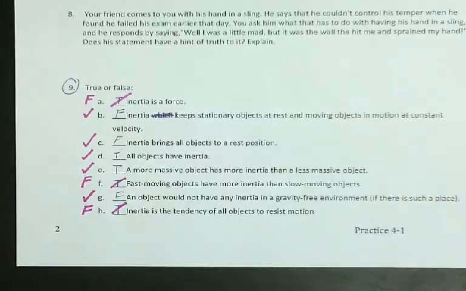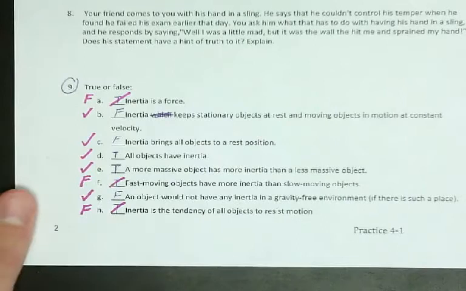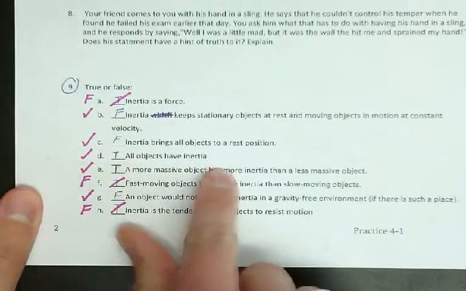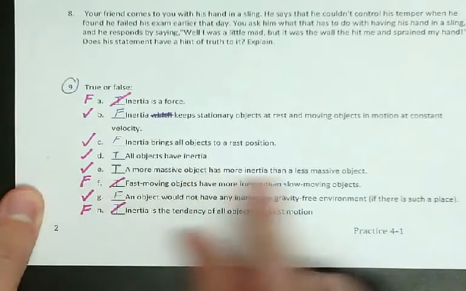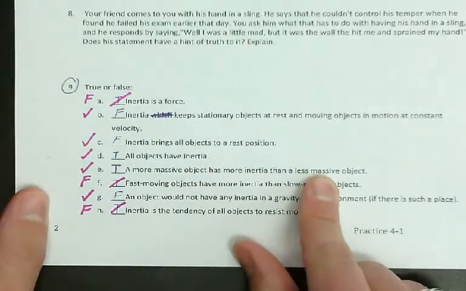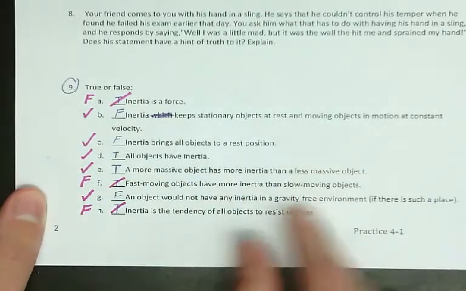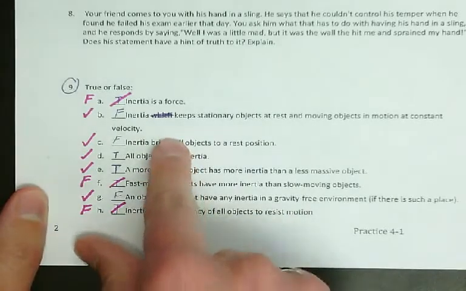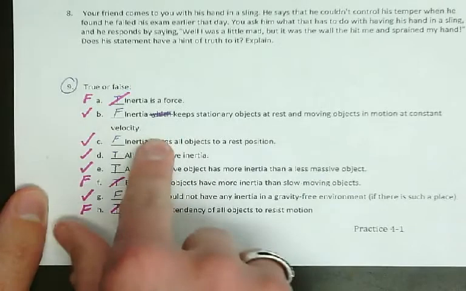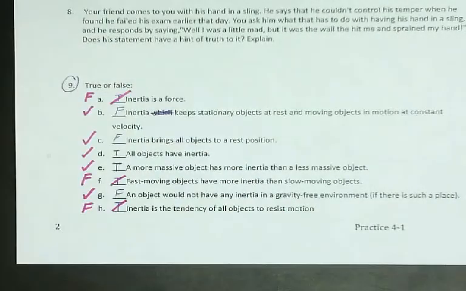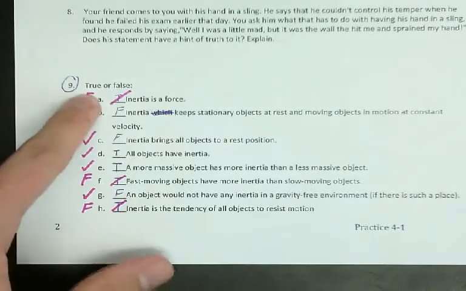Some of them are pretty easy. All objects have inertia. That's pretty obviously true. A more massive object has more inertia. That one's pretty clear. And then usually groups will get either C or F or both right. And then it just depends on the rest of them. A is very tricky.